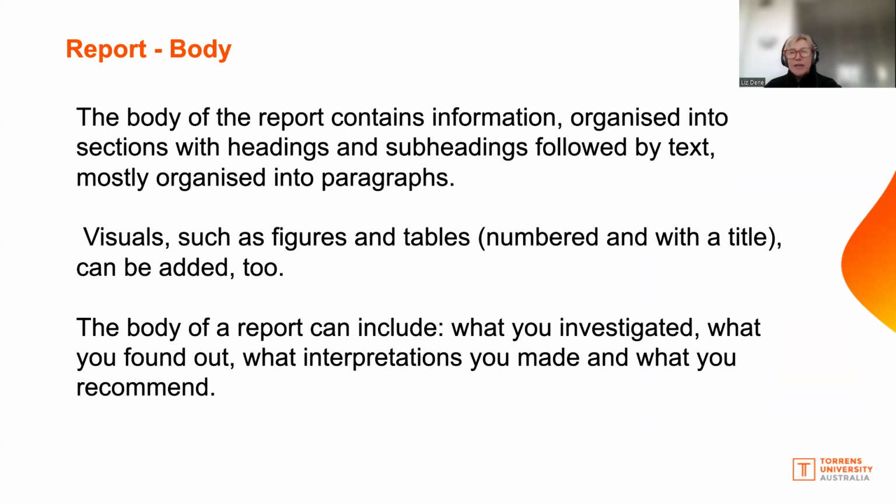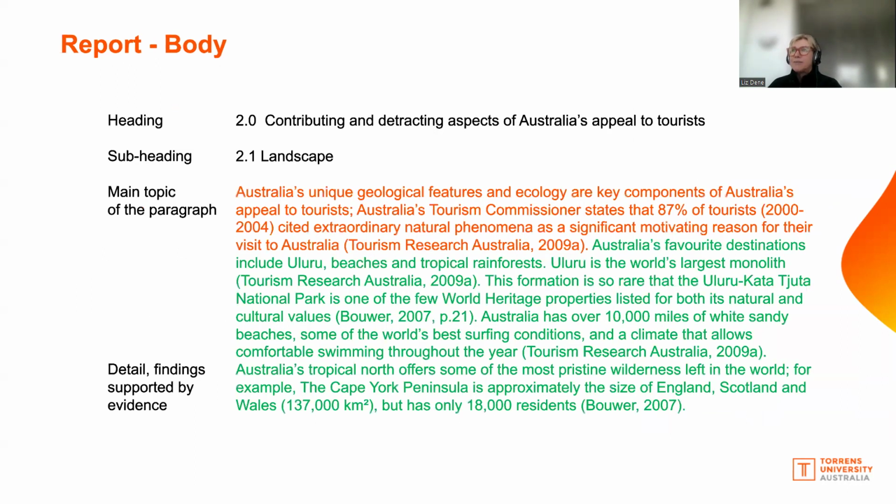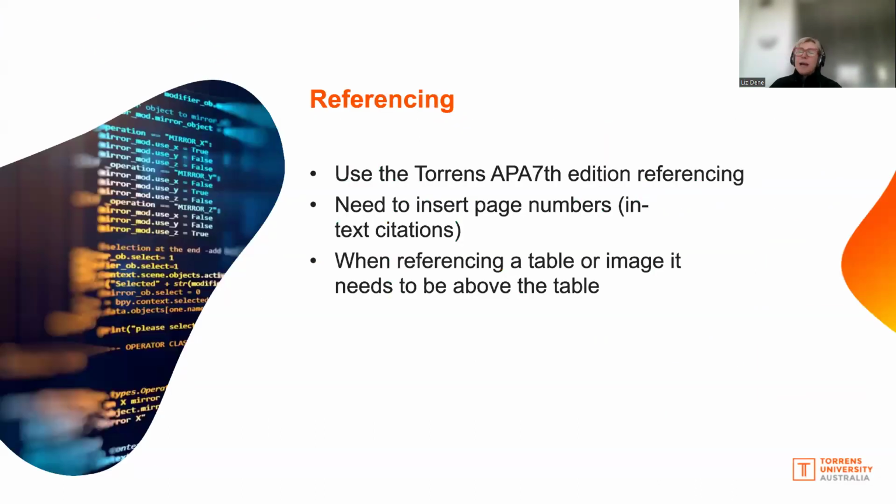Remember that the referencing for tables and figures has moved to the top of the image. So if it's a table, the referencing is no longer at the bottom, it's actually at the top, just under the heading. So make sure you're using the Torrens APA 7th edition guide, which is located in your library.